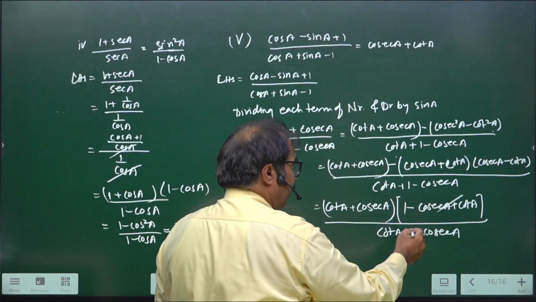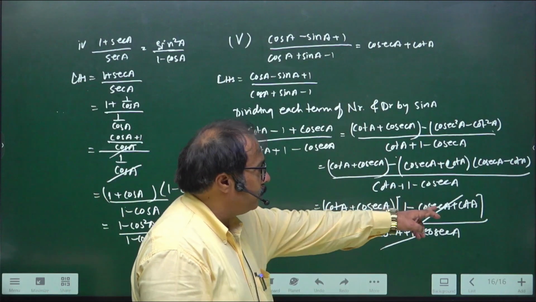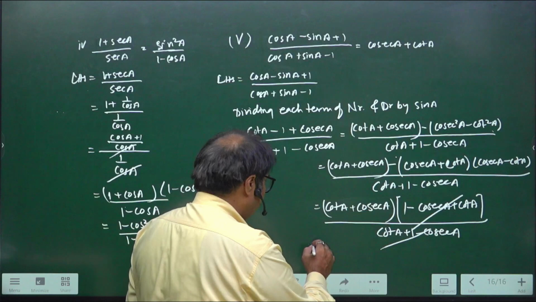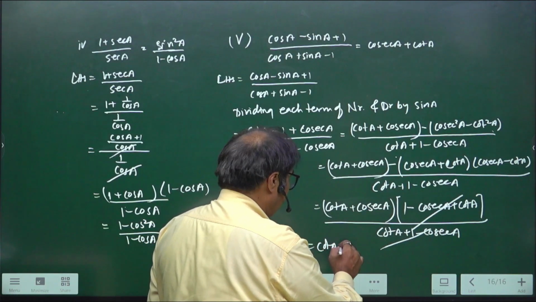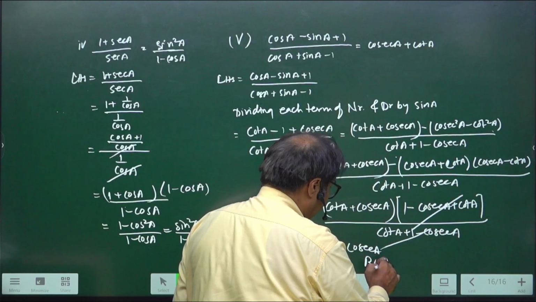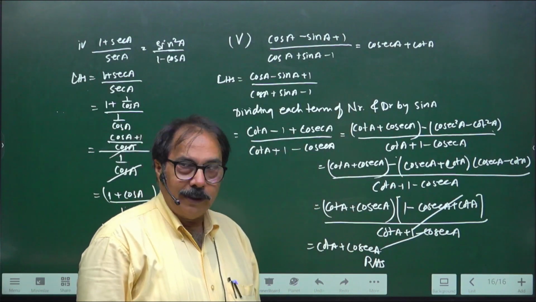So this and this cancel out: 1 minus cosecant A plus cot A, 1 minus cosecant A plus cot A. What is left? Cot A plus cosecant A, and this is our right hand side. Okay, got it?